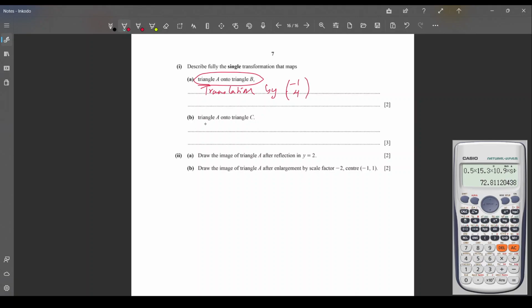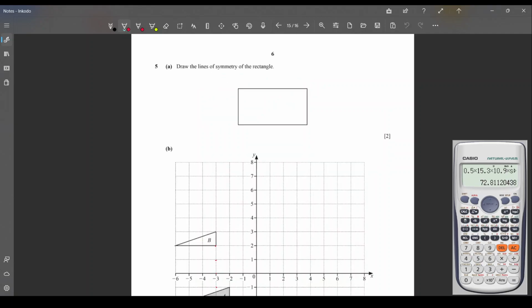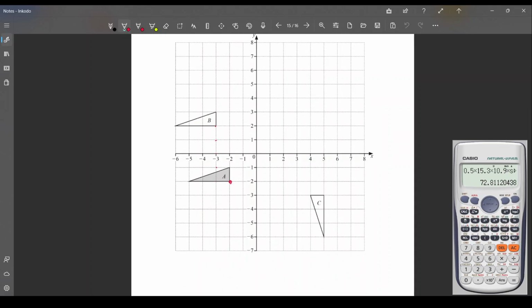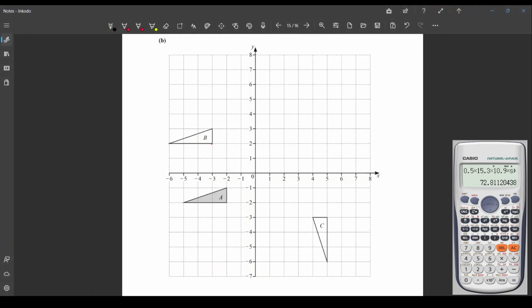And the next part is triangle A onto triangle C. In this case it is being rotated anti-clockwise, and you have to use your trace paper for this.